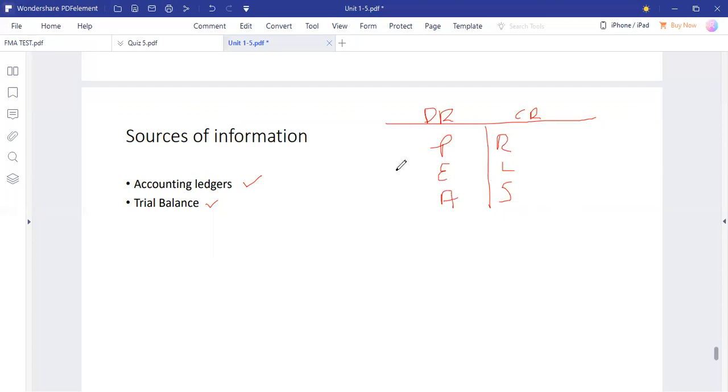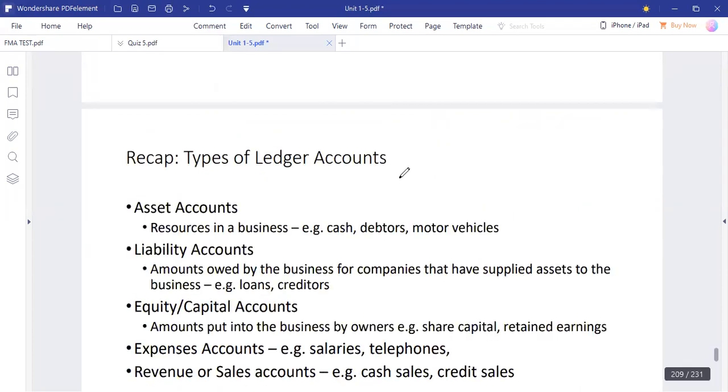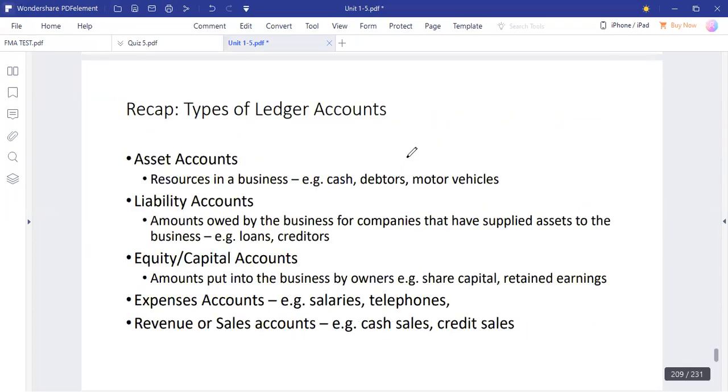So with this recap from our previous two chapters, we'll now proceed to also understanding that the accounts that will spread into these two key financial statements or reports are from the ledger account, which we talked about as being, number one, the asset account.